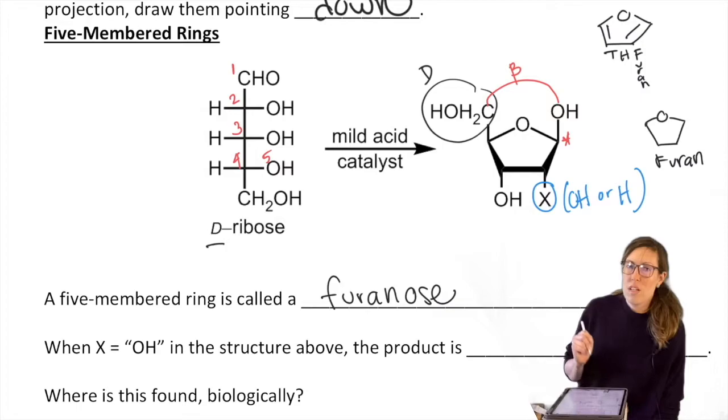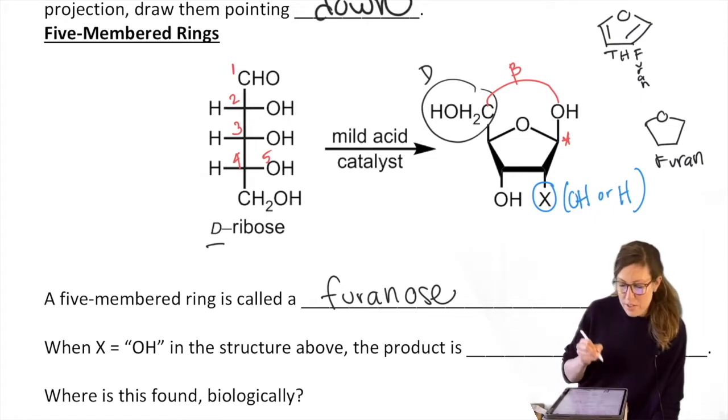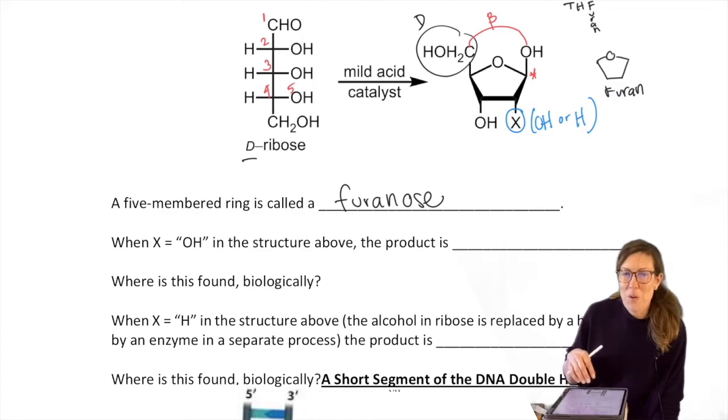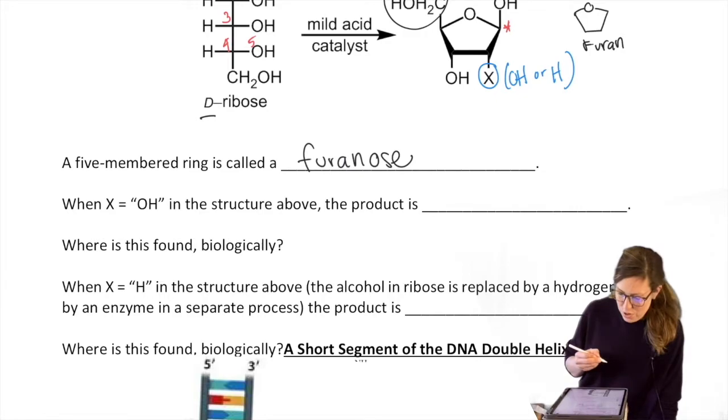And so somehow the OH is gone and the H is in its place. So I'm going to give you the names of those two because they're ones you've heard of before, and you'll see that connection very shortly.